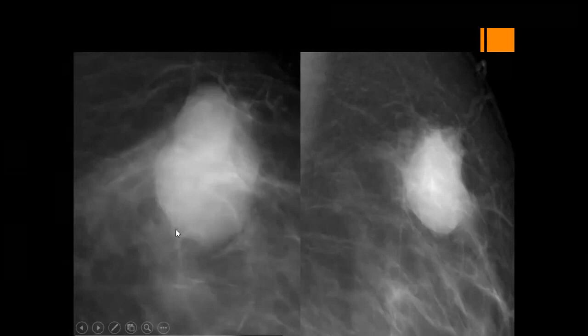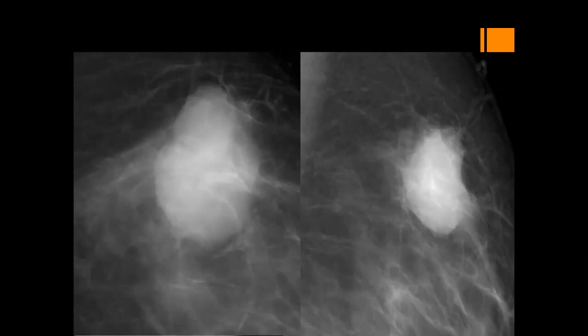The obscuration of the margins is not like here. Here it seemed to be more than 25% but not reaching 75%. But here, more or less 75% of the lesion is obscured, and it is high density. So it will be suspicious.